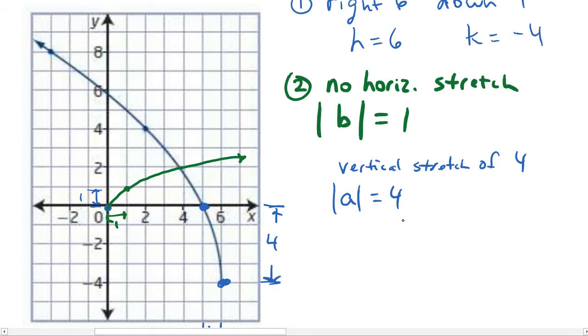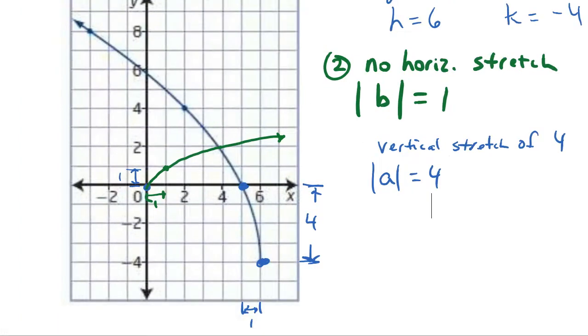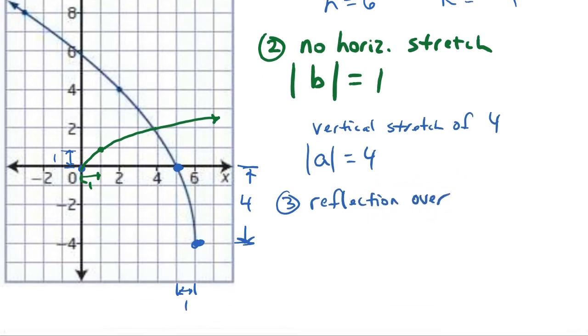Okay, now let's consider the reflection. So it was going up and to the right here, and now it's still going up, but it's going to the left. So if I started this way, and then if I did a reflection so it went that way, that would be a reflection over the y-axis. So there is a reflection over the y-axis.